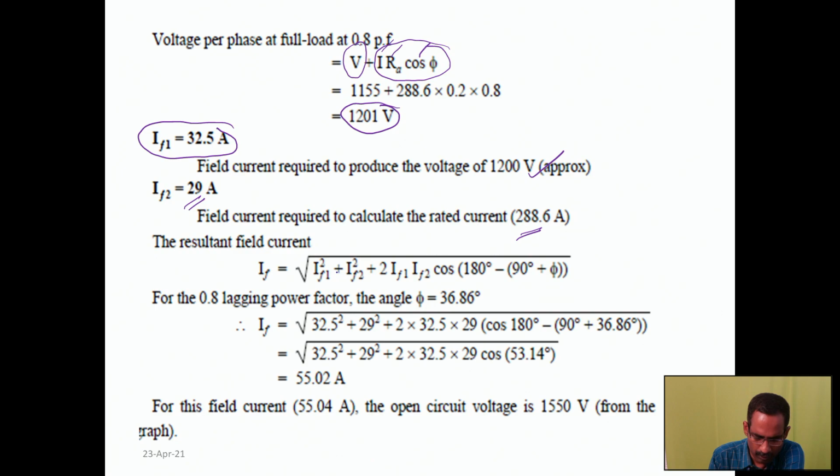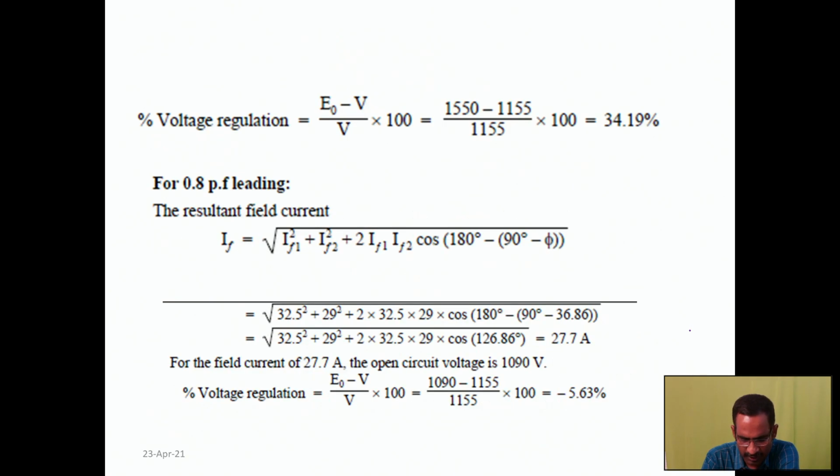So if you substitute all these values here, you will get the IFR resultant field current value as 55.02. For that 55.04, what is our open circuit voltage? We are obtaining this from the graph. So it is our E naught value. By (E naught minus V) divided by V, we will get the voltage regulation.